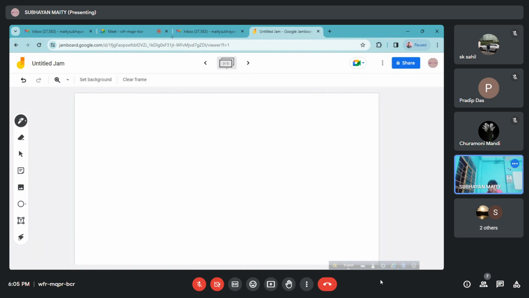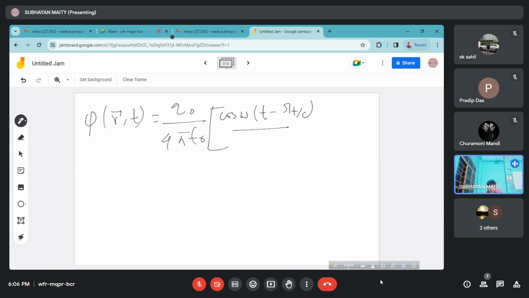So φ(r,t) will be q₀ by 4πε₀ times cos(ωt − r₊/c) by r₊ minus cos(ωt − r₋/c) by r₋, right?